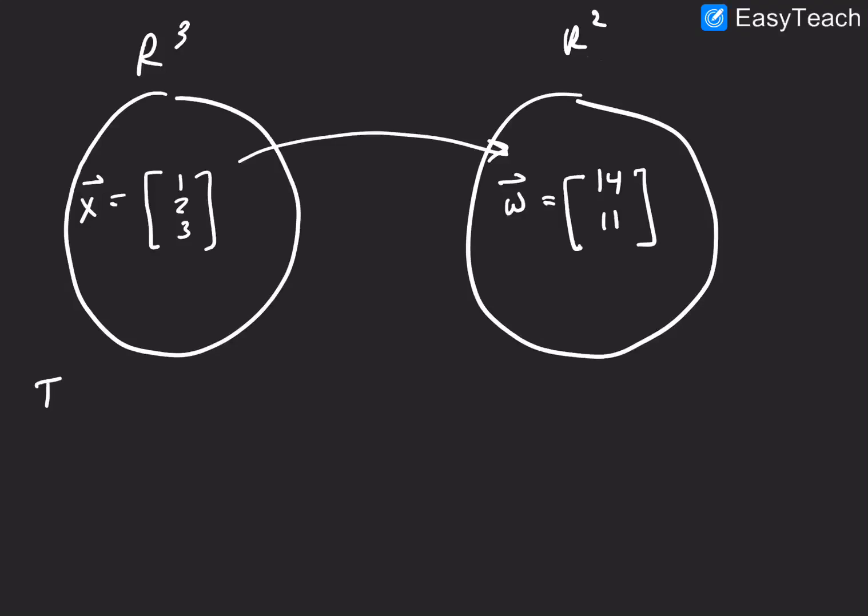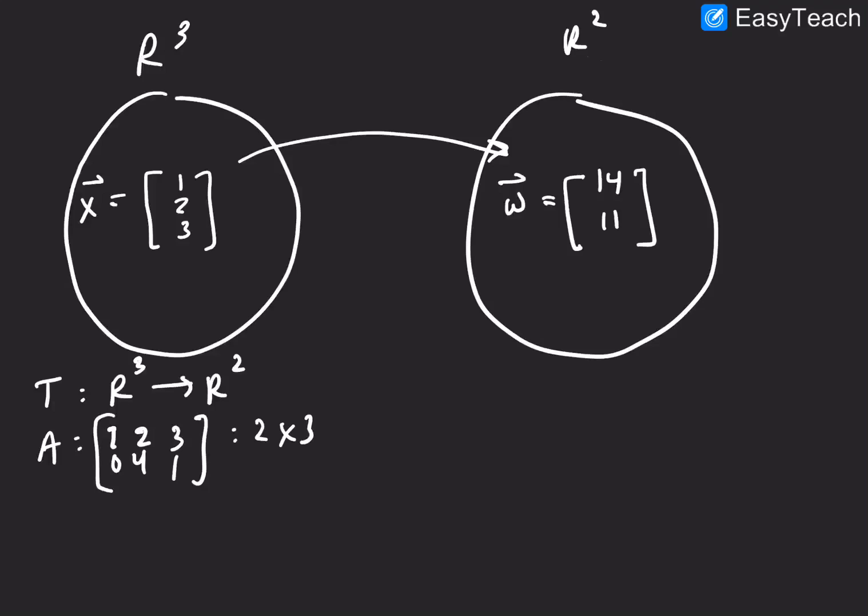And so you want to transform this from R3 to R2. And your A is 1, 2, 3, 0, 4, 1, which is a 2 by 3. So 2 rows, 3 columns.